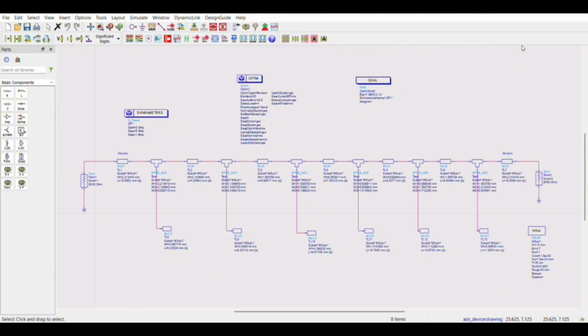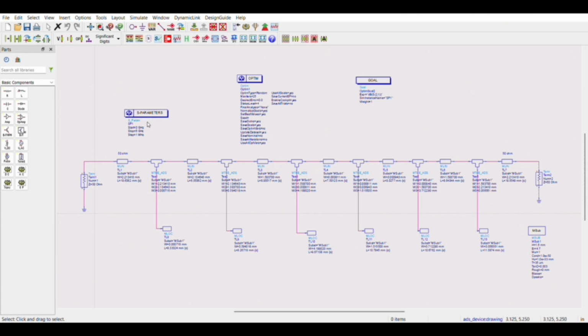Okay, this is the circuit of the low pass filter design in ADS. This is the S parameter, used for the frequency sweep to evaluate filter performance, especially S11 and S21.